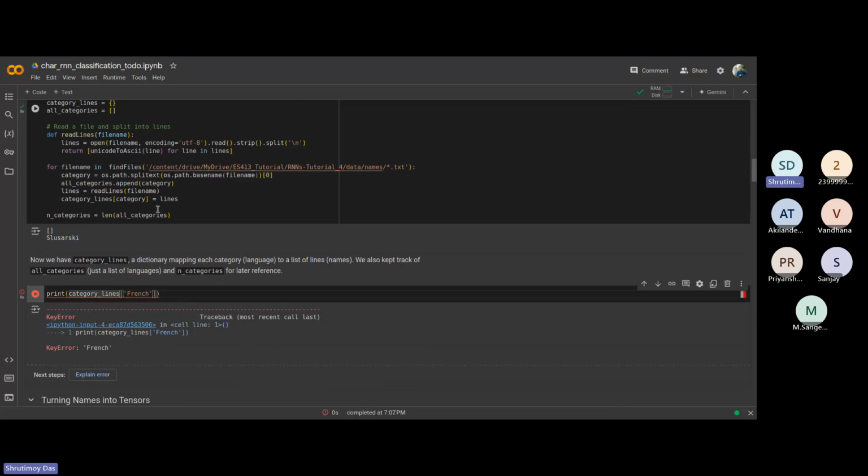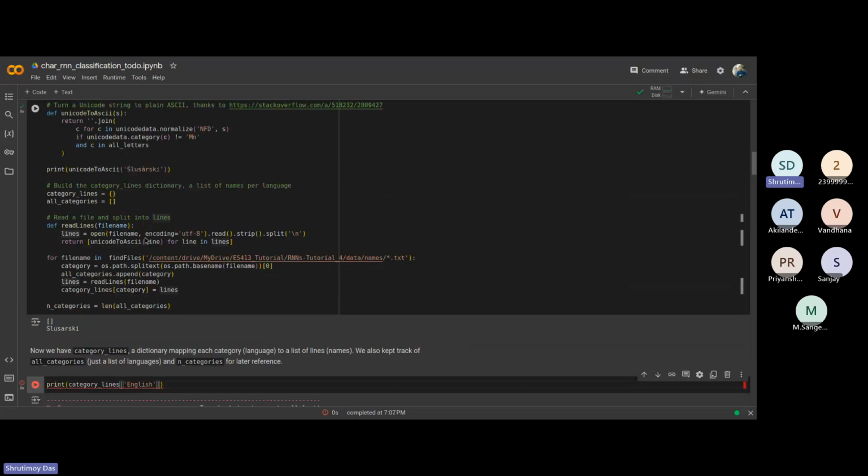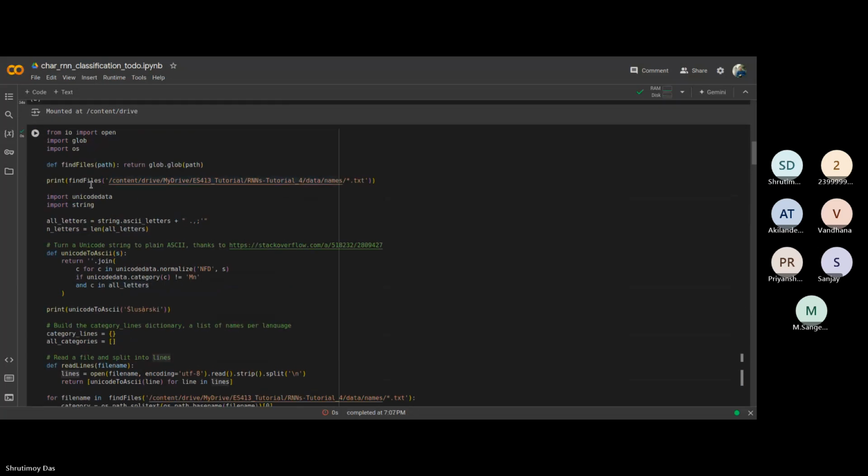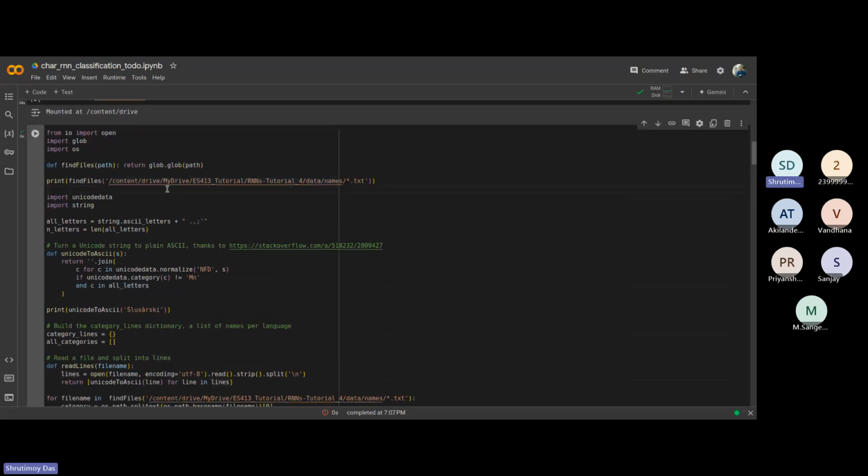Okay, there must be some error while reading this file. I must have deleted the file.